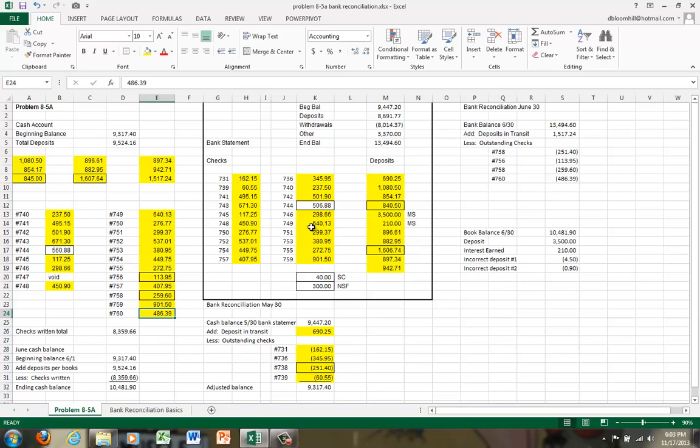So we have the error in the check. We wrote that a check was for $560 and the correct amount is $506. So in this case we actually subtracted too much and want to add back from the book balance. So we do the same thing with the error in the check.